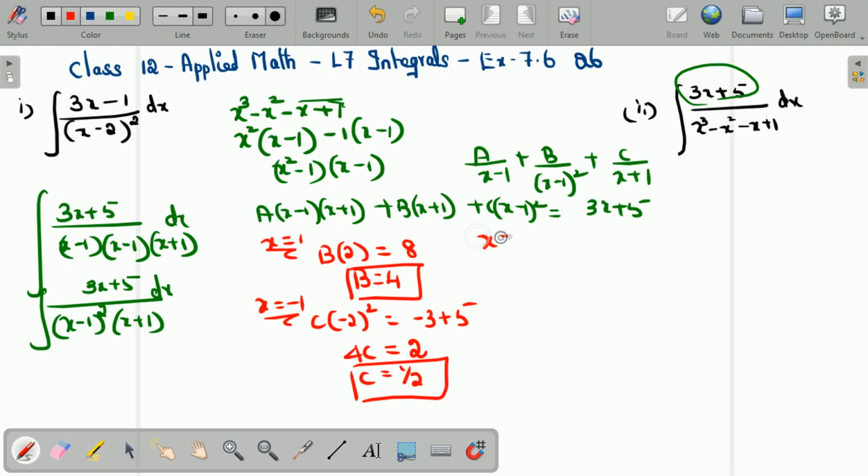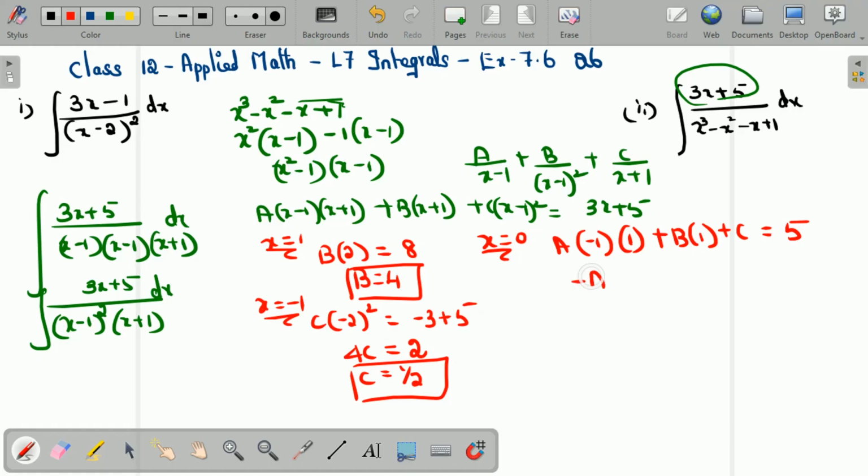So I'm going to take x is equal to 0 to keep my calculation minimum. So this is a into (0 minus 1) is minus 1, (0 plus 1) is 1, plus b into 1 plus c into (minus 1) the whole square is again 1, which is equal to 3 into 0 is 0, plus 5. So this is going to be equal to 5.